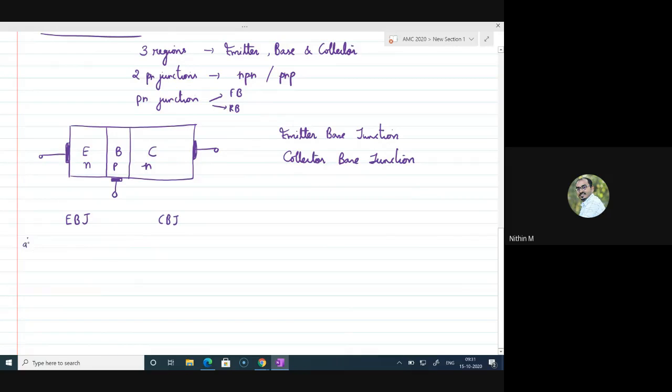Now I can bias both junctions as forward bias. So I can bias both the emitter base junction and collector base junction as forward bias. Can you tell me what we call this mode if I bias both emitter base and collector base as forward?